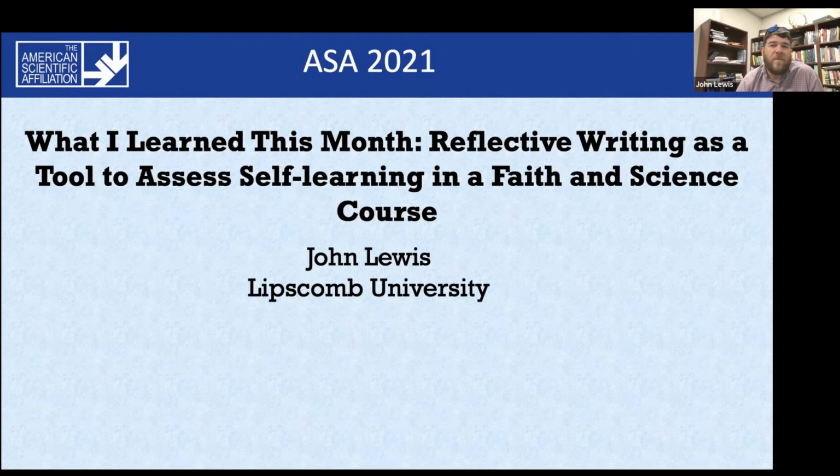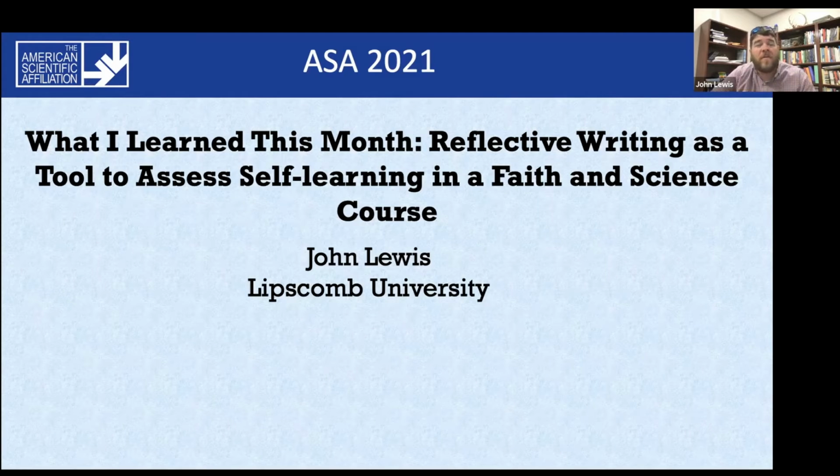Over the years, I've used a variety of materials for this course, from pulling readings from the classical literature. But in the past couple of years, I've started using the book that the Wheaton professors put together about understanding origins, because I find that it compiles a lot of the information I was covering in one spot for the students.